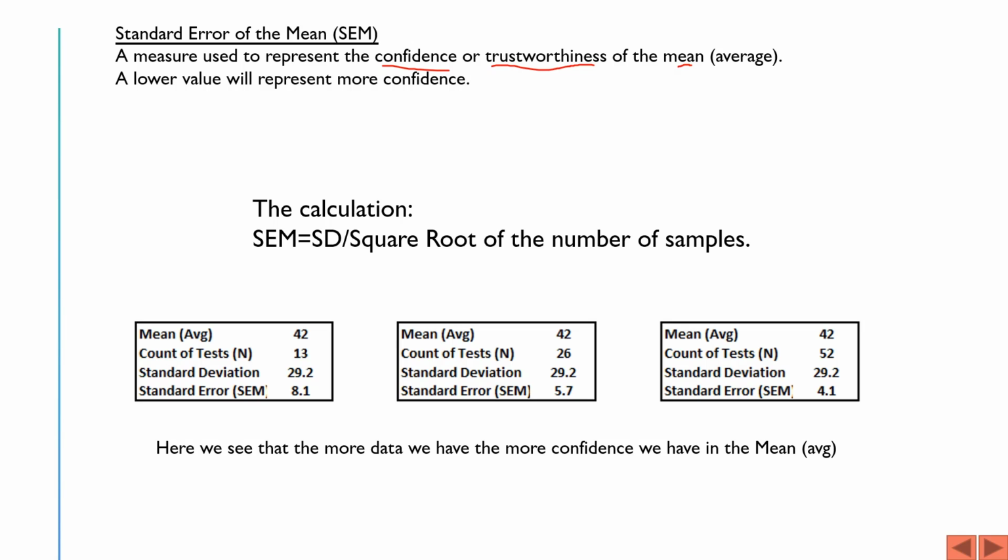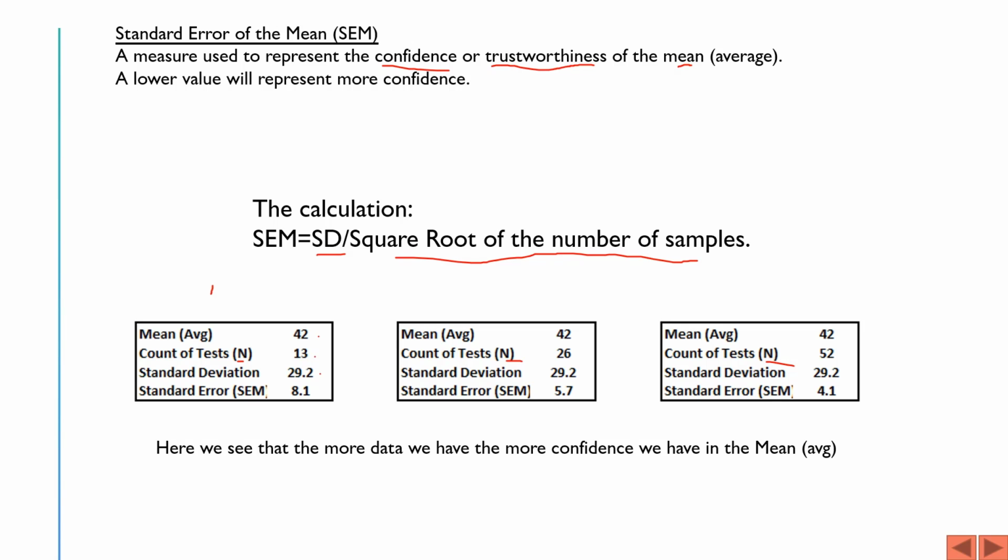So I put the standard error calculation here. We have standard deviation, SD for standard deviation, divided by the square root of the number of samples. Well, the number of samples is our count, or our N size. So let's take a look. We have 3 examples. In example 1, we had 13 tests with an average of 42 on those 13 tests.